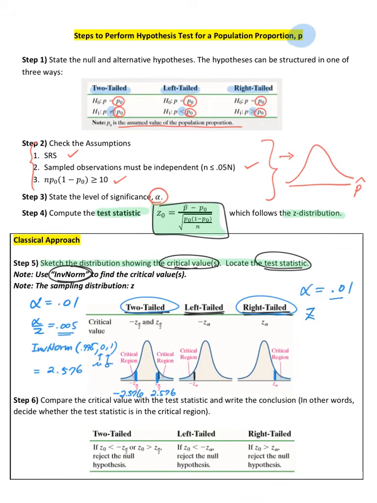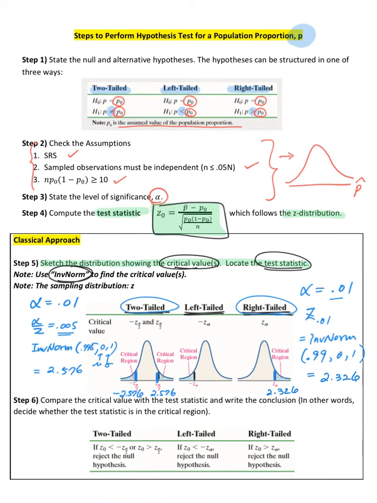You are basically looking for z sub 0.01, which is inv-norm 0.99. Once again, 1 minus 0.01 is 0.99, and mu is 0, sigma is 1. For this one, you will get 2.326.